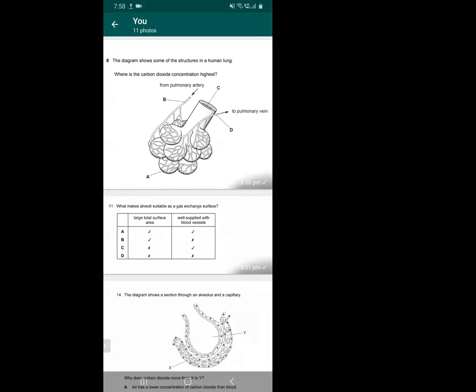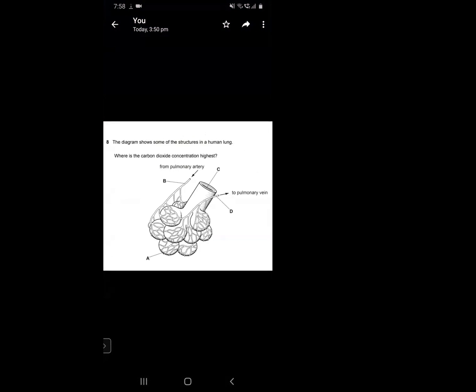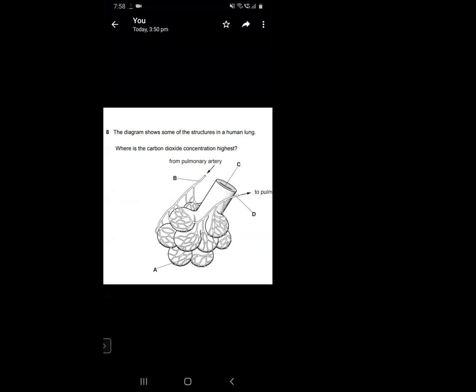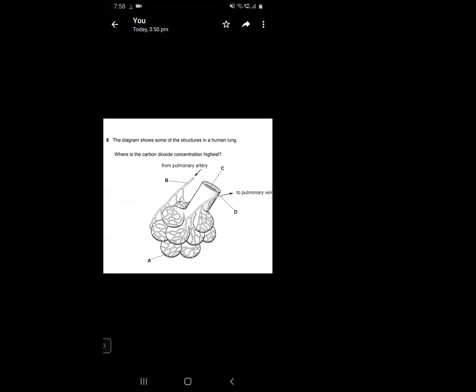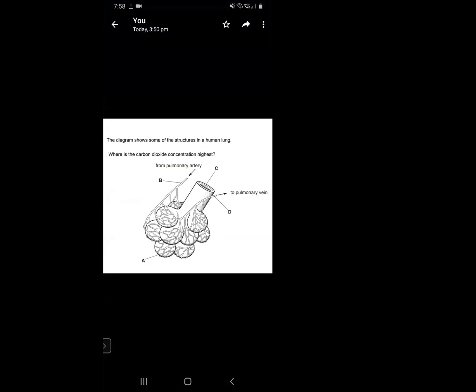Question number 8. Can you see the question properly? Yes. Do you want me to read the question? Yes, you can.